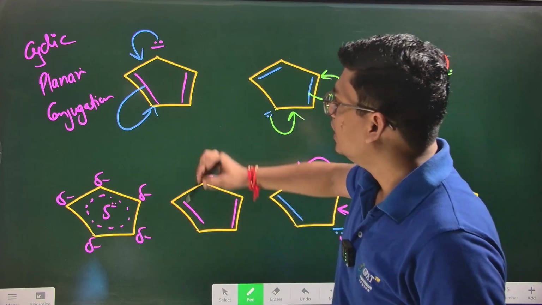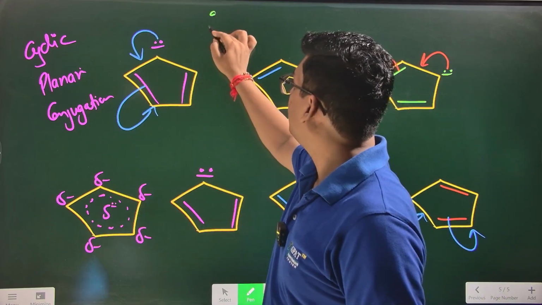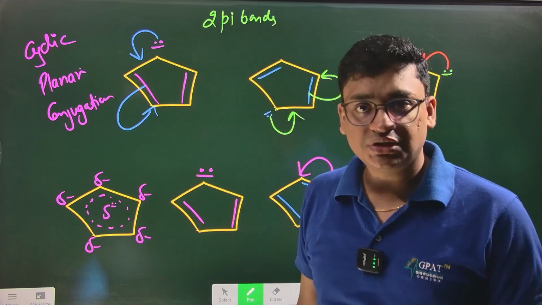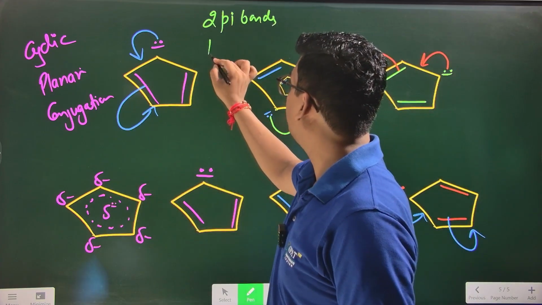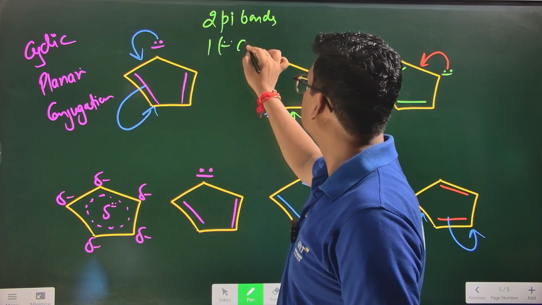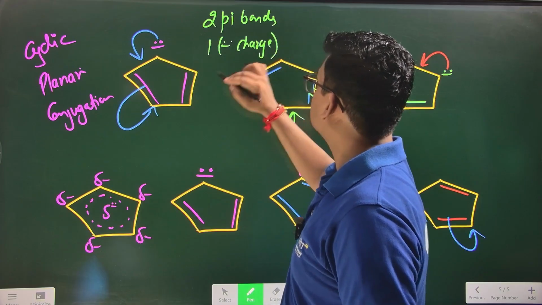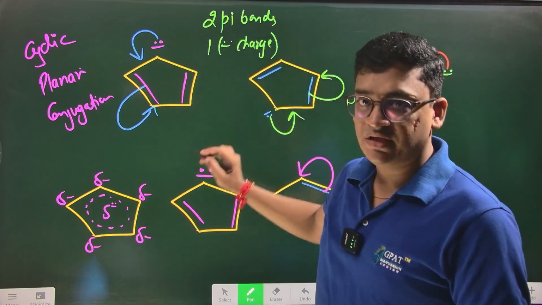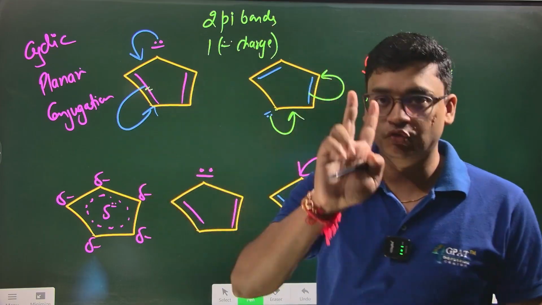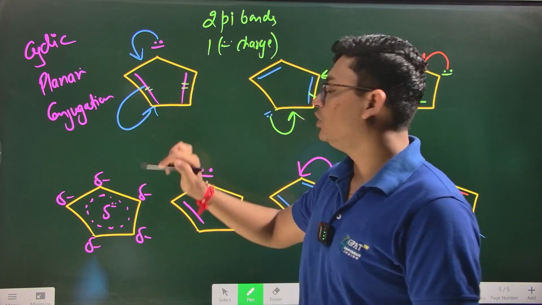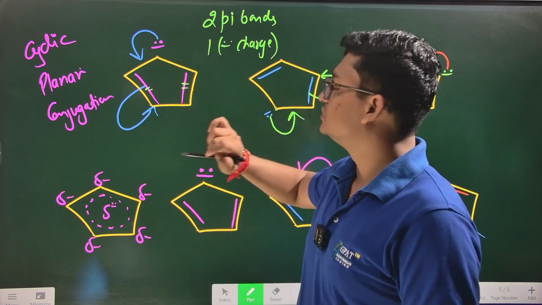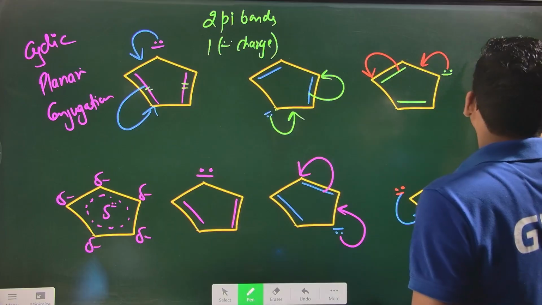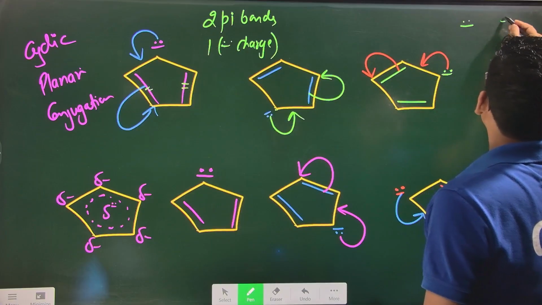We can see there are two pi bonds in conjugation and one negative charge in conjugation, correct? Now, whenever there is a pi bond, the pi bond must be made up of two electrons. The negative charge will also have two electrons. Now we have to write down here: a negative charge has two electrons.